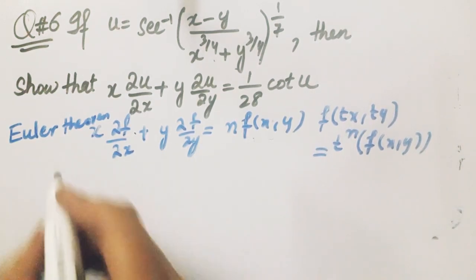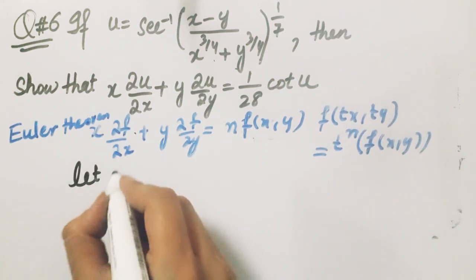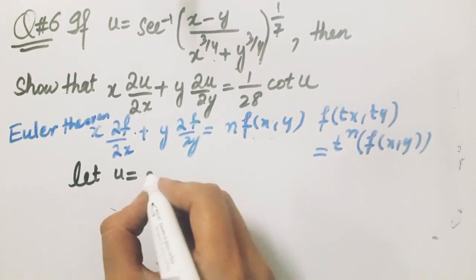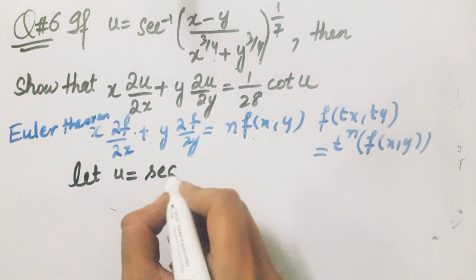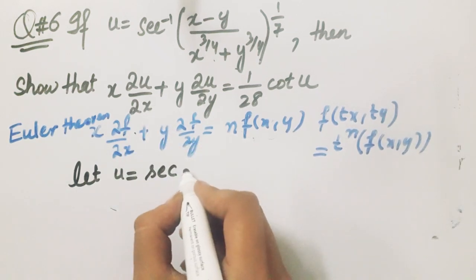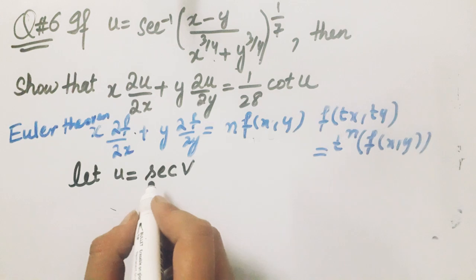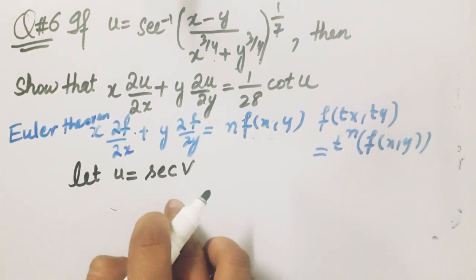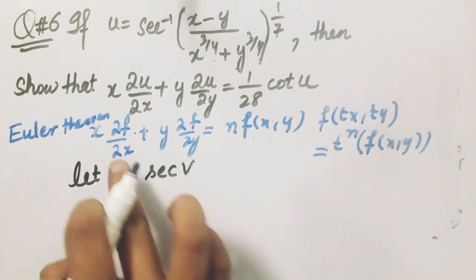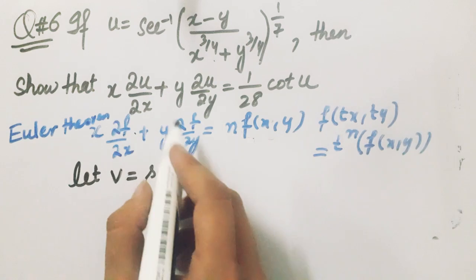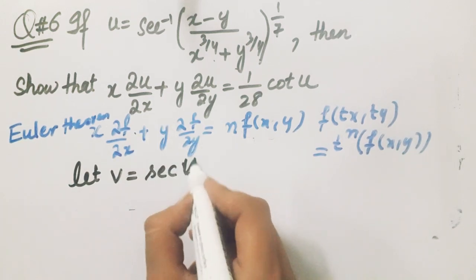Let u be the secant inverse, or you will solve, or v is equal to the secant of u.